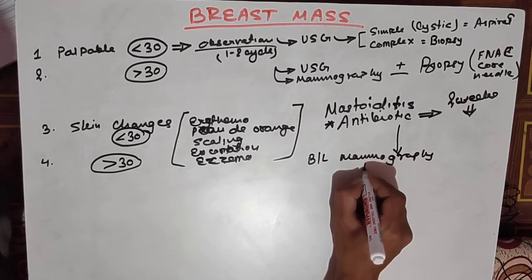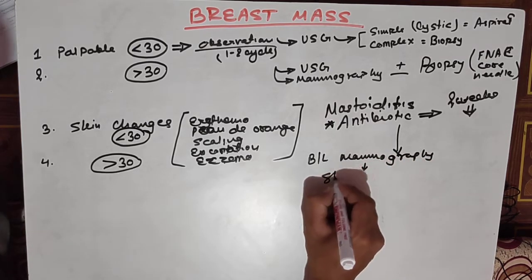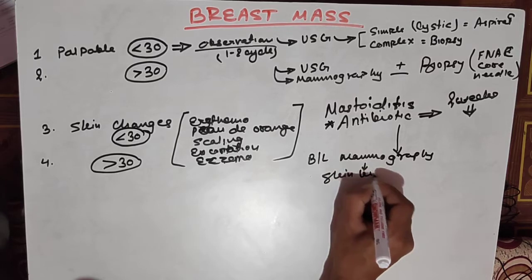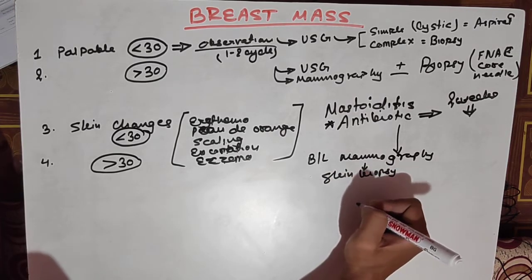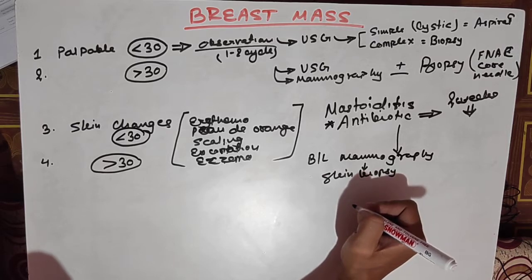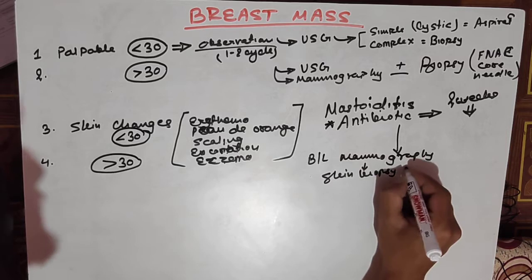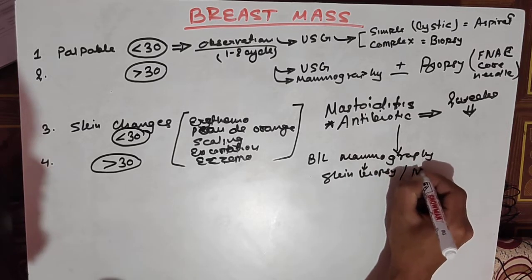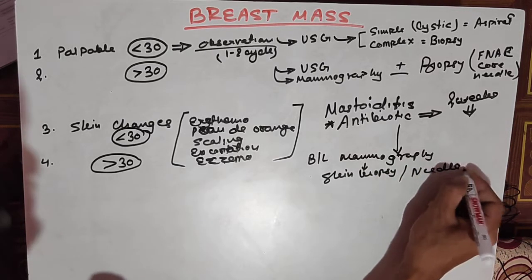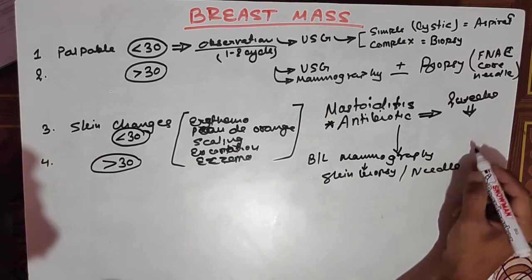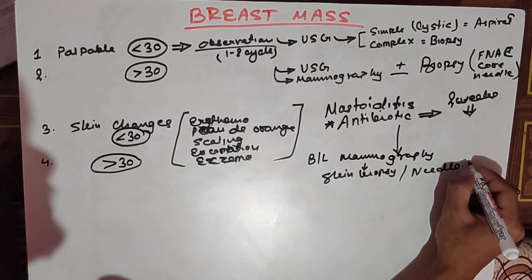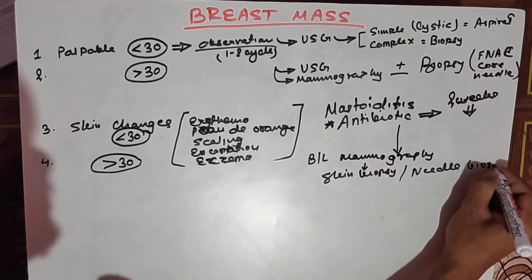If it is normal, then go for skin biopsy. We can also obtain needle biopsy, fine needle aspiration or any other type of core needle biopsy can also be done.